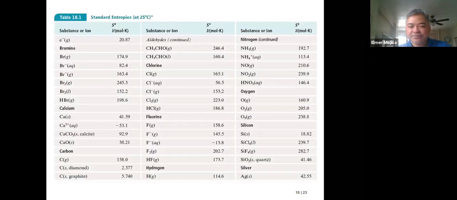They have a table of values, but you don't need to memorize them. But I want you to look at the table, even though they are the same substance, but in a different state. Look at the values that they have. I want you to look here.